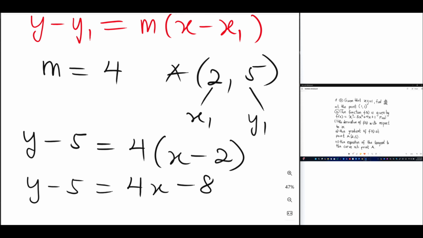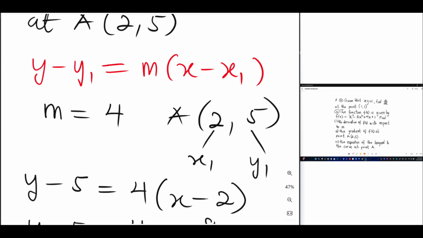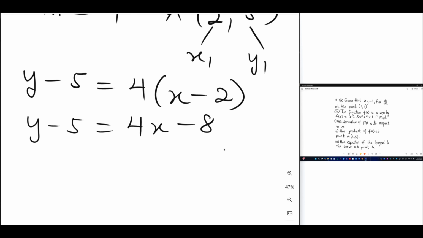All right. So let us transpose it. We can transpose the 4x to the left hand side. So y minus 4x, then we have negative 5 at the left hand side. Then we transpose the negative 8 at the right hand side to the left hand side.